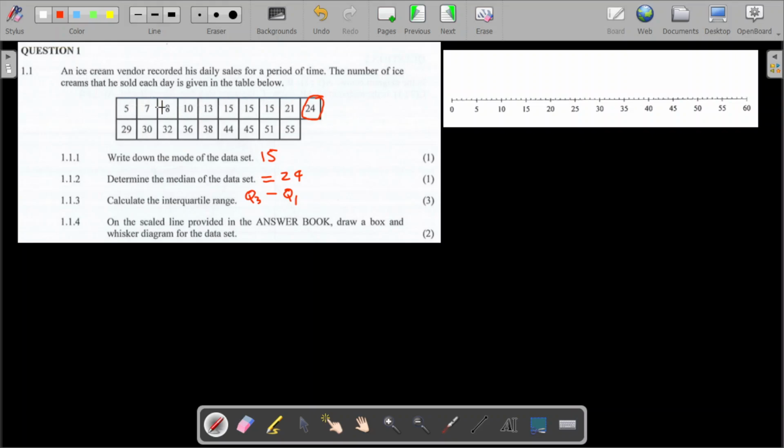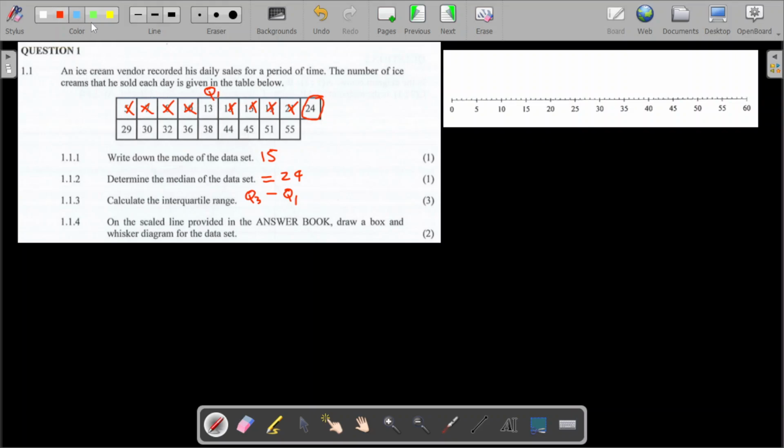It's the median of this part here. So we find the median of this part, pairing this and that, then this and that, and so on. I hope you can see now this is going to be my Q1.